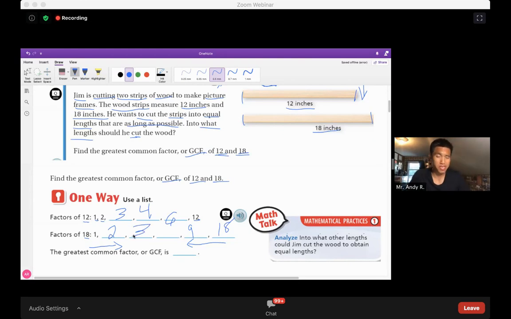Does 3 times something equal 18? Yeah, 3 times 6 equals 18. How about 4? No, nothing times 4 equals 18. And not 5 either. 18 is not a 5's number. So we met in the middle, 3 and 6. So we're done factoring. So 1, 2, 3, 6, 9, 18.